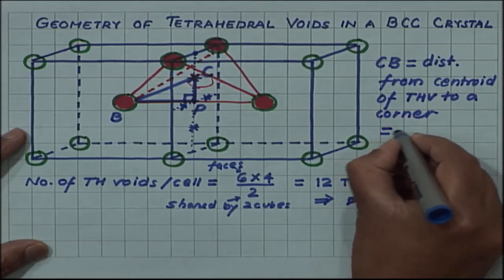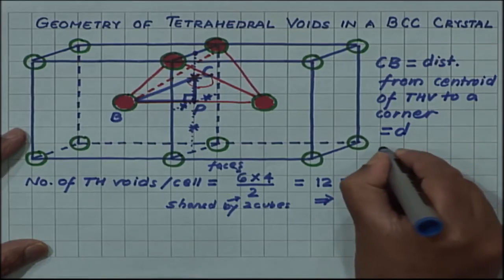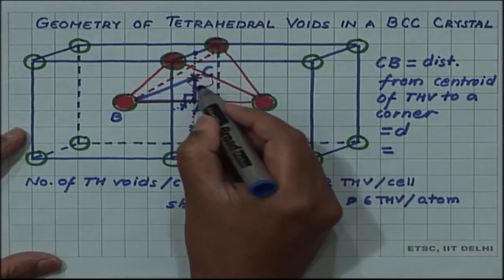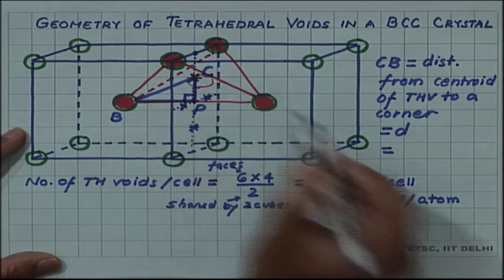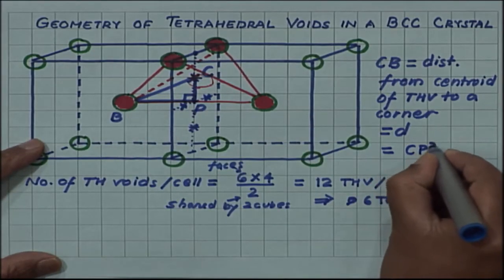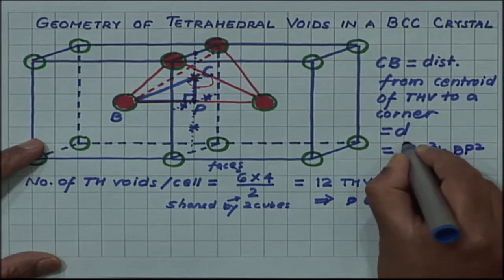Let us call that distance D, and that distance from this triangle we can see will be the square root of CP square plus BP square, since CB is the hypotenuse.